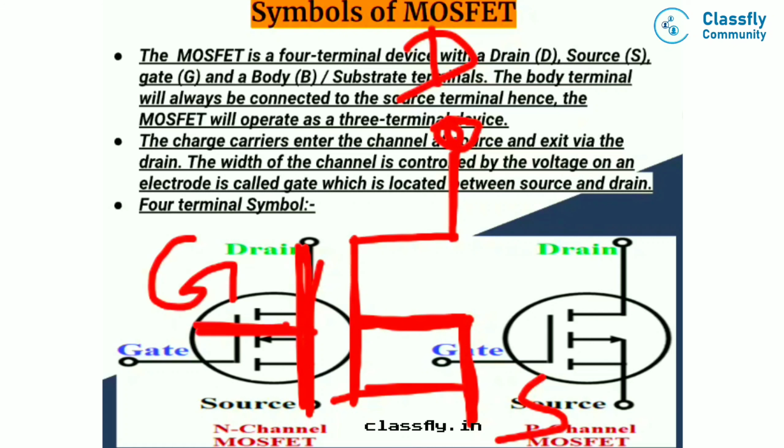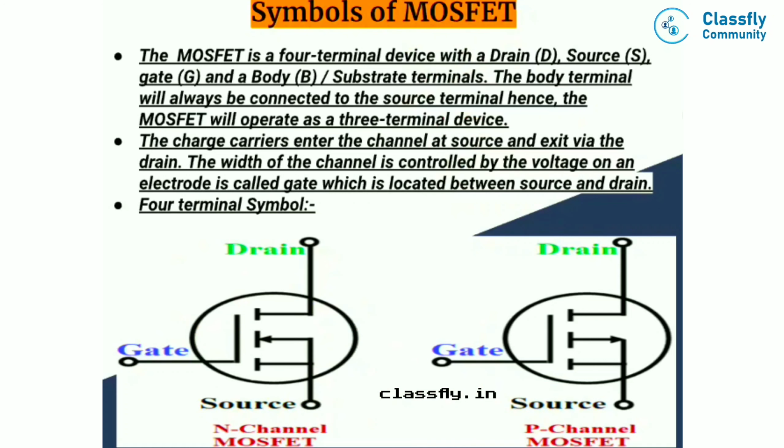In the N channel, in the 4 terminal symbol, the arrow goes inside like this. So this is basically our N channel. How will our P channel be then?